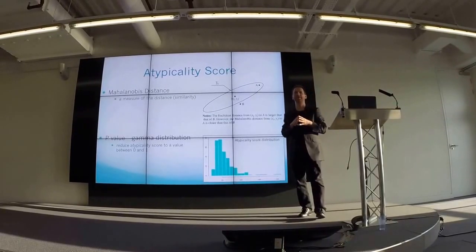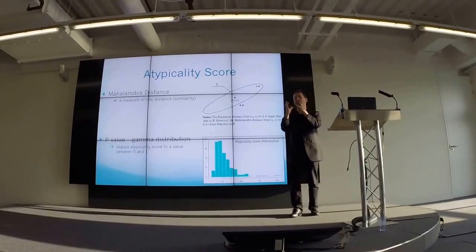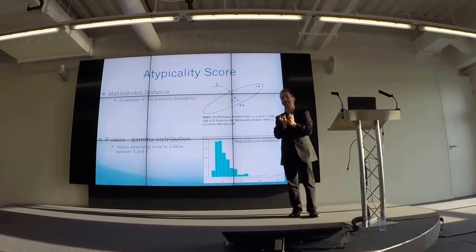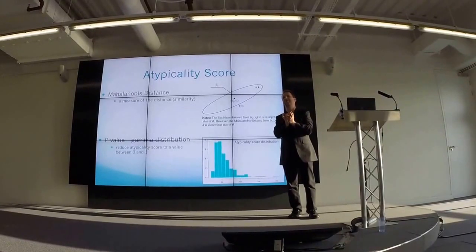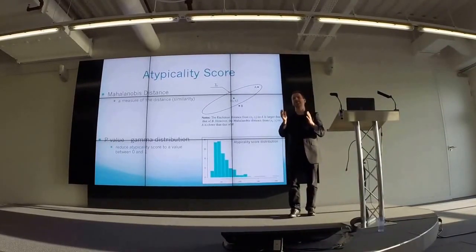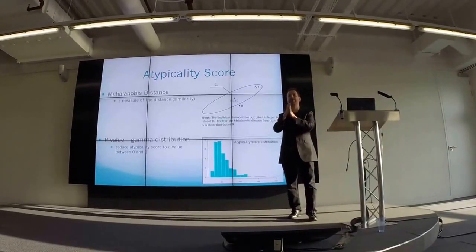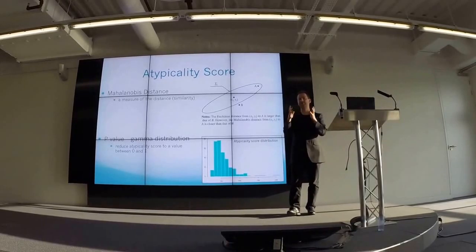So we need to use a similarity metric. You can intuitively think we could use Euclidean distance, but the problem is that the distribution is not uniform. So I can't use just Euclidean distance, or think of a normal distribution and take how many standard deviations from the mean.